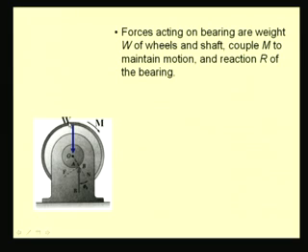Let us say W be the weight of these pulleys or wheels that are being supported by this axle, and a moment of M is being applied to keep this wheel in motion. So, the reaction from the bearing to the axle has been shown to be shifted to a location which is not the point of contact if the wheel is stationary.